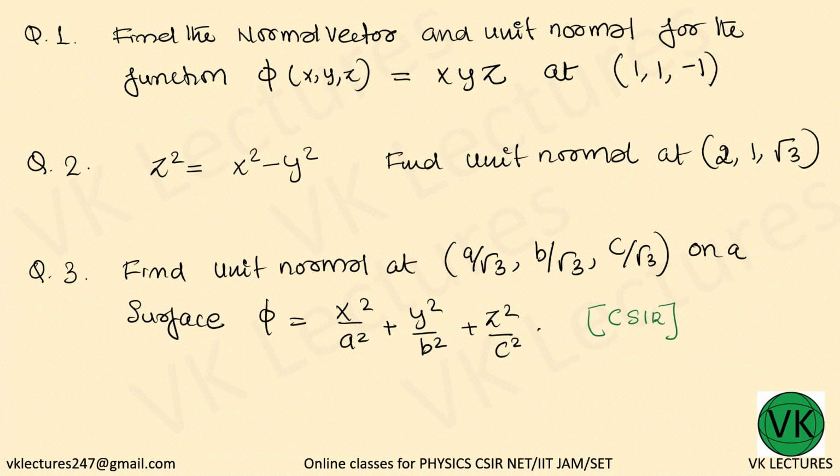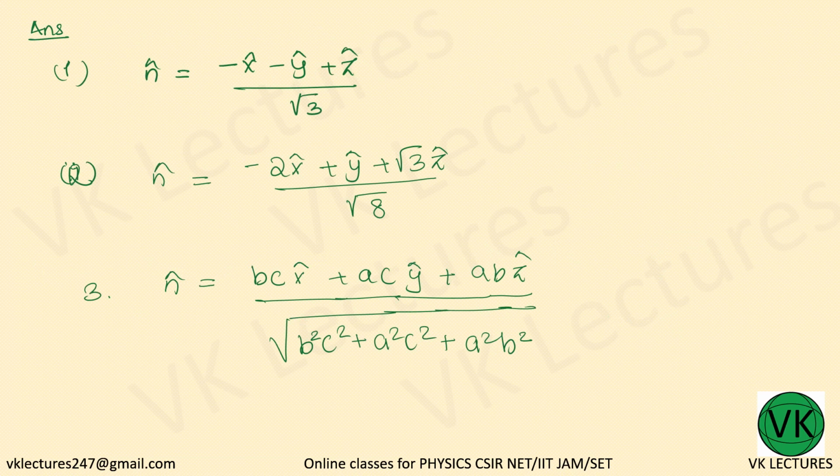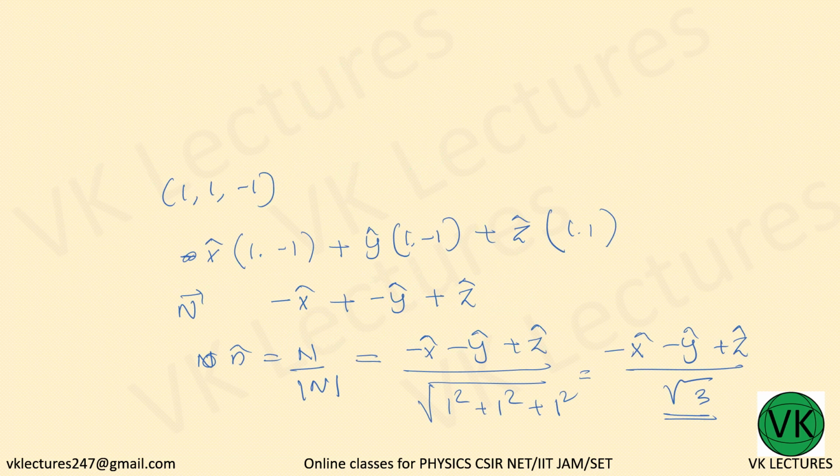Here are a few questions. All questions are related to finding the unit normal for the function at different points. Answers to the previous questions are also given here. You can verify it after doing. Phi is equal to xyz.